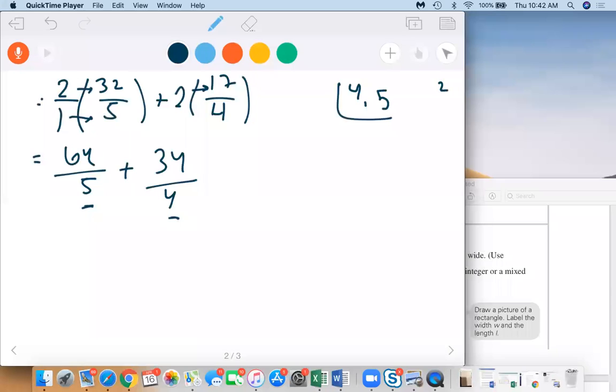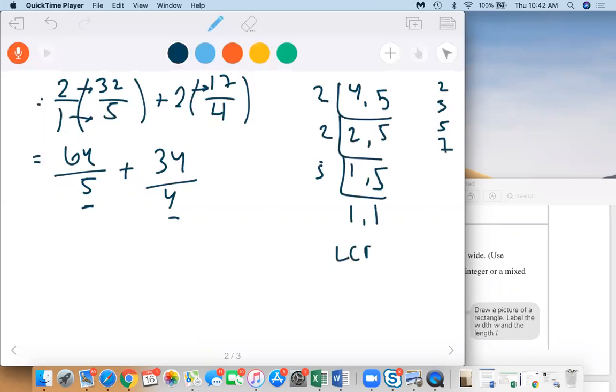So we have our 2, 3, 5, 7. Let's start with 2. 4 divided by 2 is 2. We cannot divide 5 by 2. We still have a 2. So 2 divided by 2 is 1. Now we divide by 5, and we get 1 and 1. So our lowest common denominator equals 2 times 2 times 5, which equals 20, right?